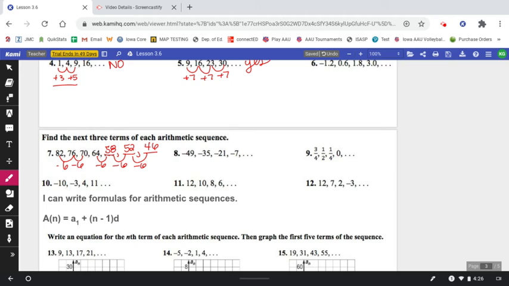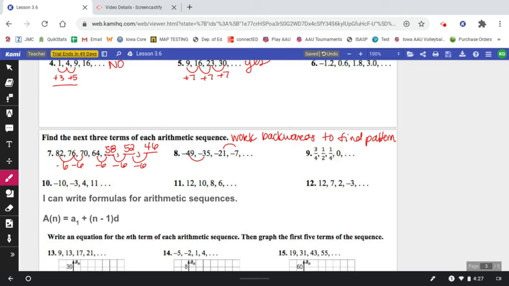Sometimes if it's a little bit difficult to find out what the pattern is, you can start from the back and work backwards. So if I don't know what I would add to negative 49 to get to negative 35, I can actually work backwards and use subtraction to figure out what it is.